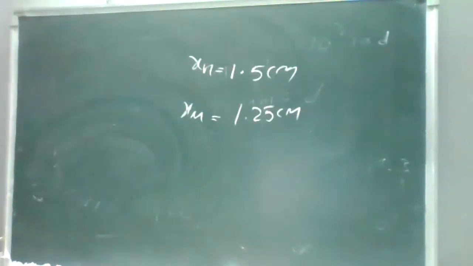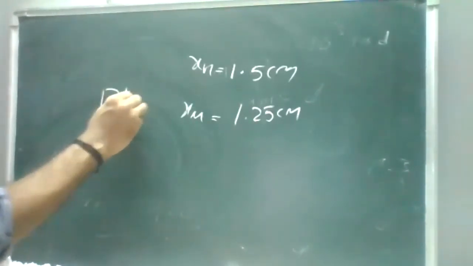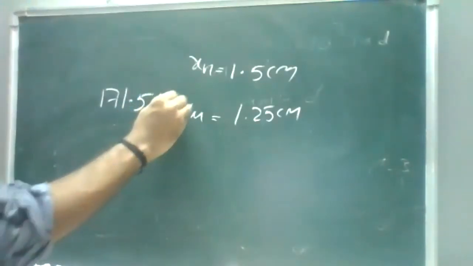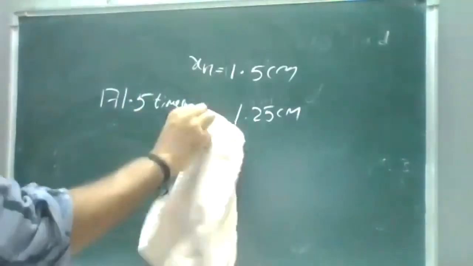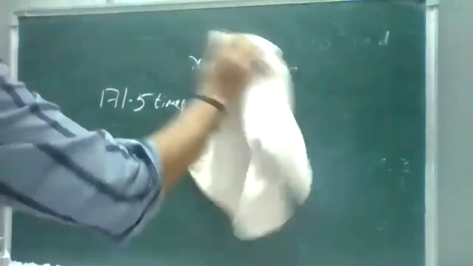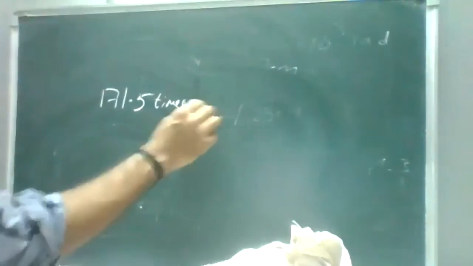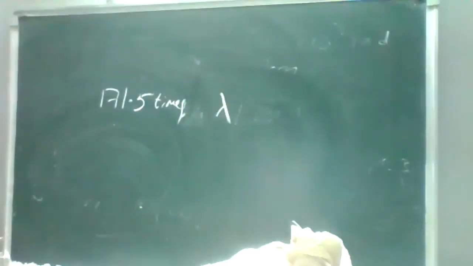on screen is 171.5 times the wavelength. I'll repeat the question. The path difference between two interfering waves at a point on screen is 171.5 times the wavelength.